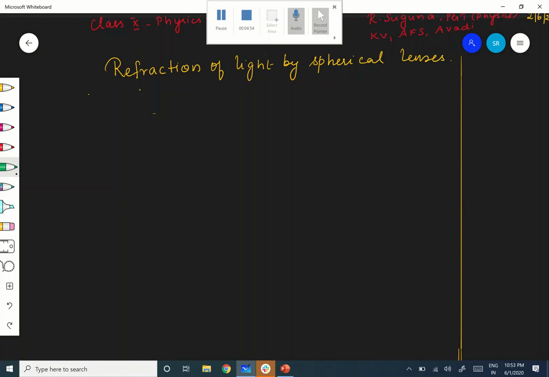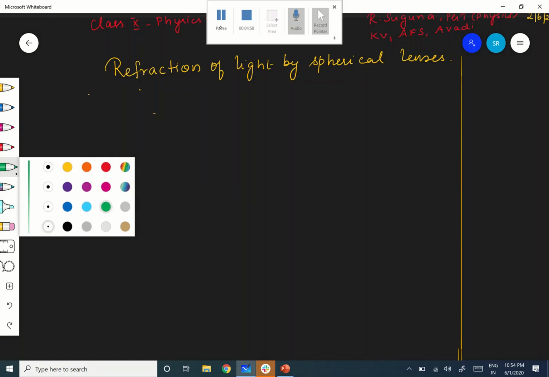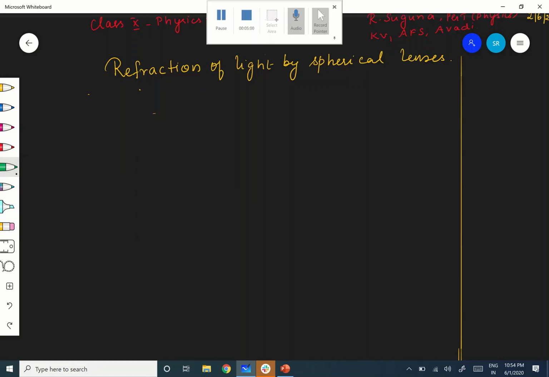What are they? For example, number one is the biconvex lens or double convex lens. Both are the same.